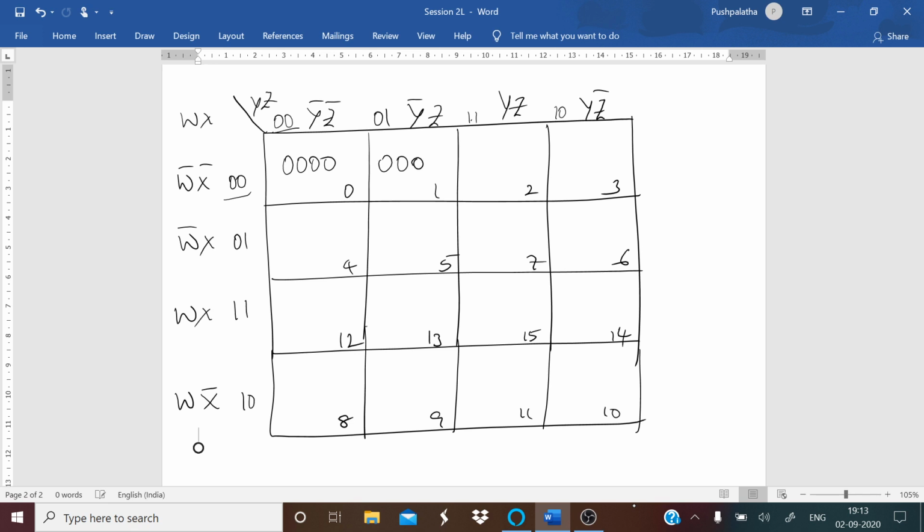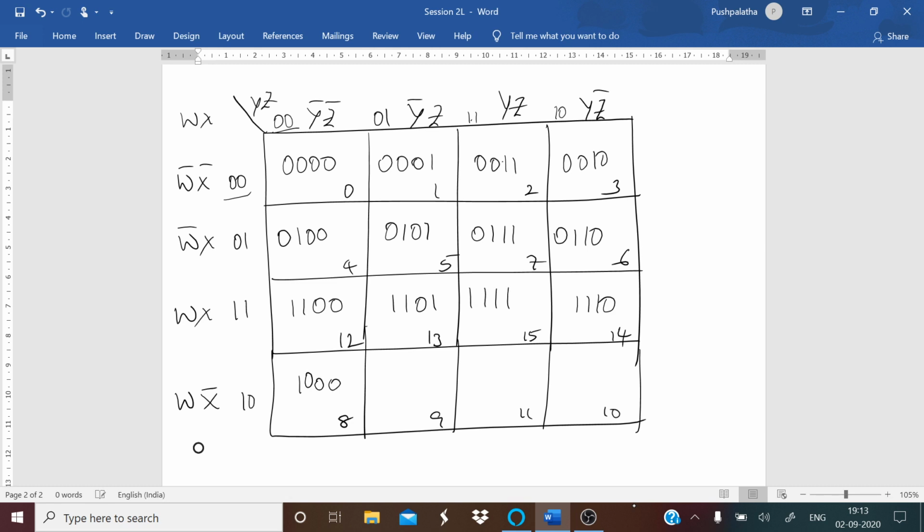We are talking in terms of zeros and ones. 0 1 0 0, 0 1 0 1, 0 1 1 1, 0 1 1 0, 1 1 0 0, 1 1 0 1, 1 1 1 1, 1 1 1 0. Next 1 0 0 0, 1 0 0 1, 1 0 1 1, 1 0 1 0.